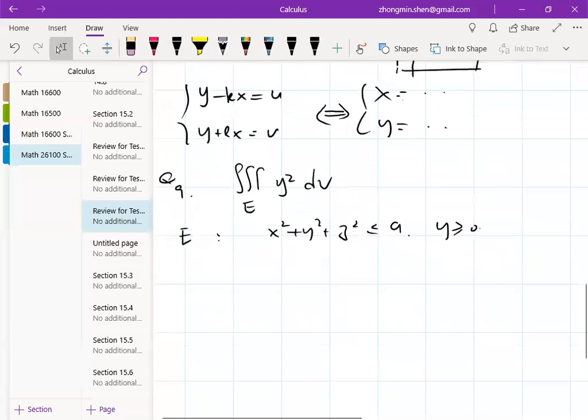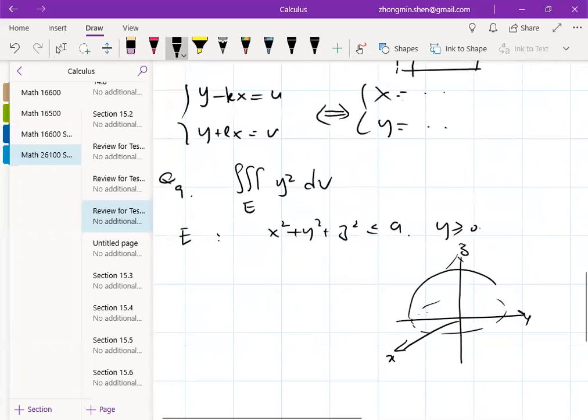So how do you solve the problem? You really have to draw the picture first. Upper hemisphere, it's going to be like that. When you look at it, the region is the upper hemisphere, so you automatically think about spherical coordinates.